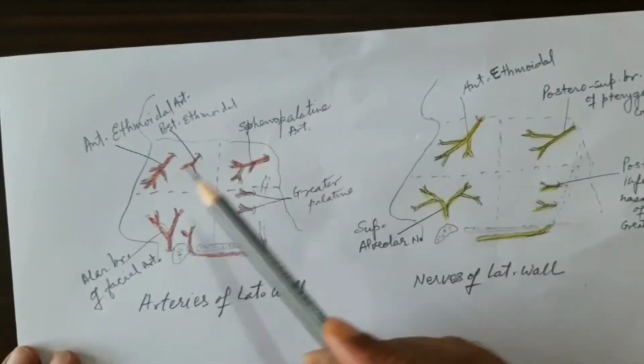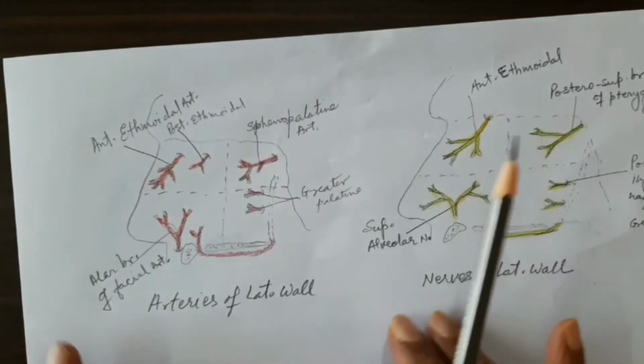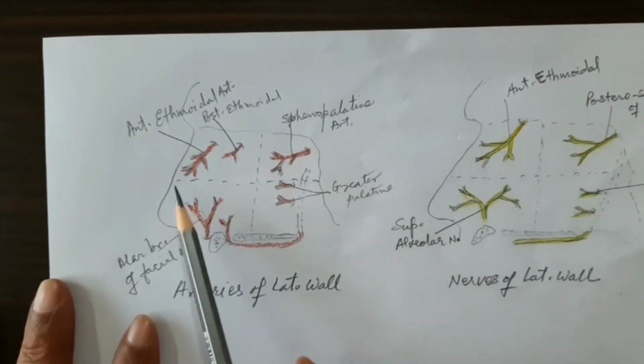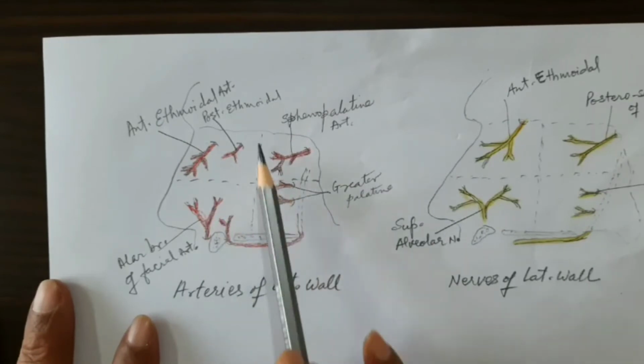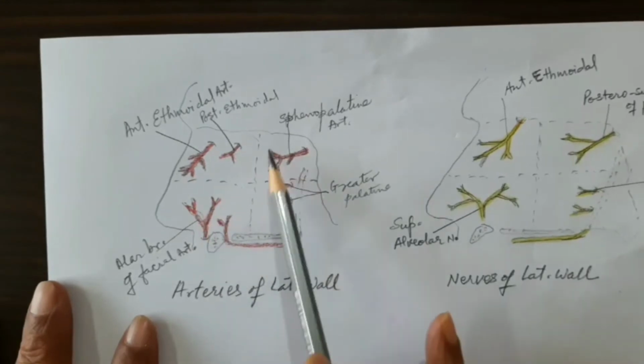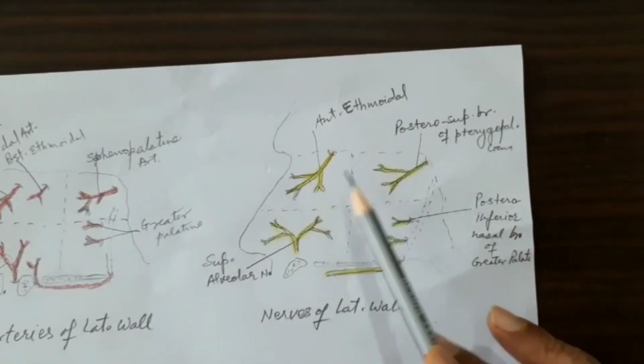This is the lateral wall of the nose, very roughly drawn, and in this there will be various arteries. They will come from the neighboring area and then they will supply. For the blood supply, the lateral wall of the nose is divided into 4 quadrants: anterosuperior, anteroinferior, posterosuperior, posteroinferior.